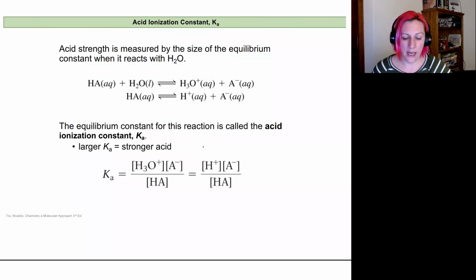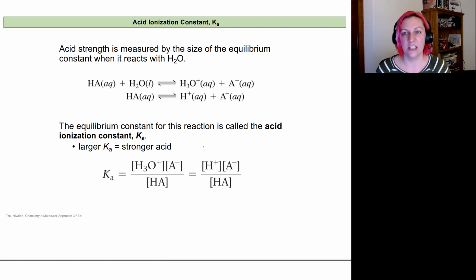So, acid strength, as we've already talked about, really depends on how many hydrogens are donated. So, what percentage of the acid is going to actually break that acid hydrogen bond, and that hydrogen will be donated to a base? If it's really, really high, then we have a strong acid, right?